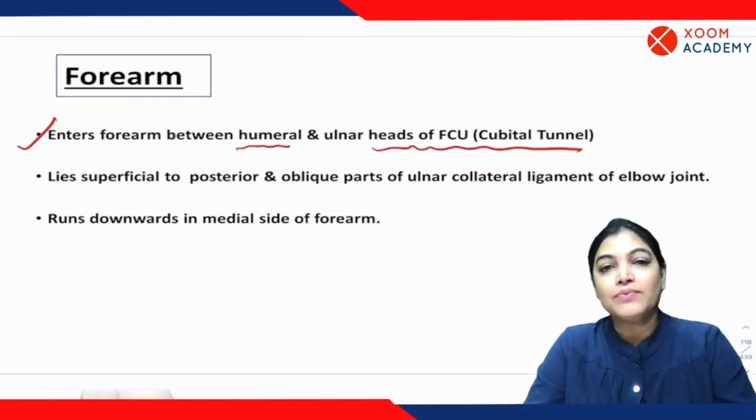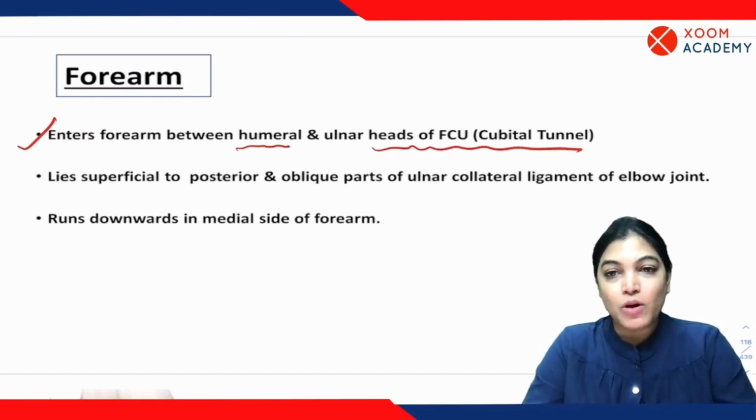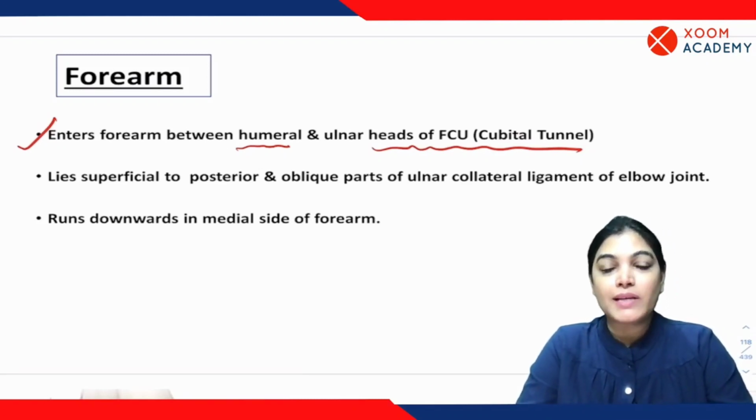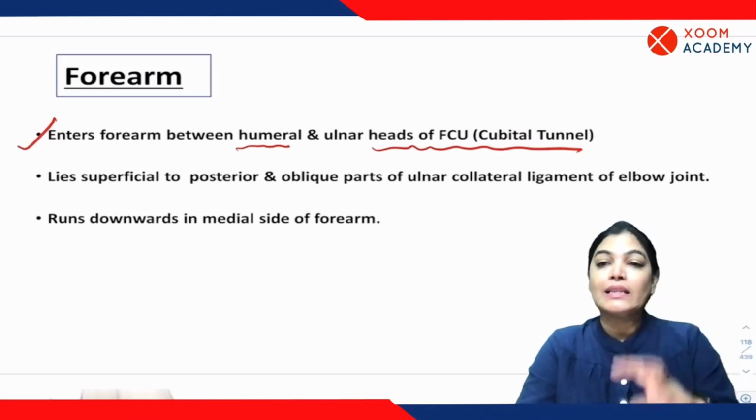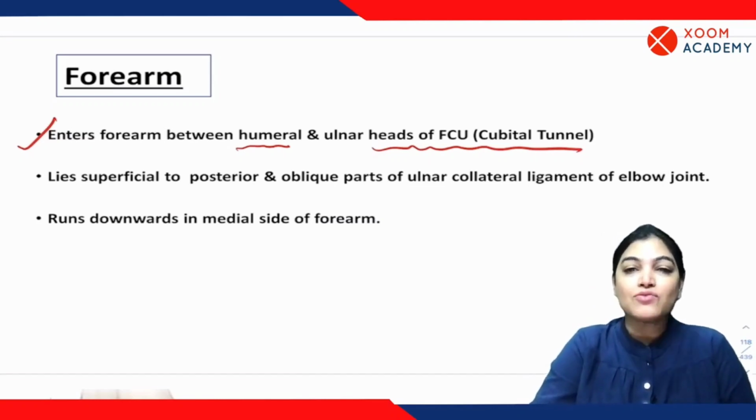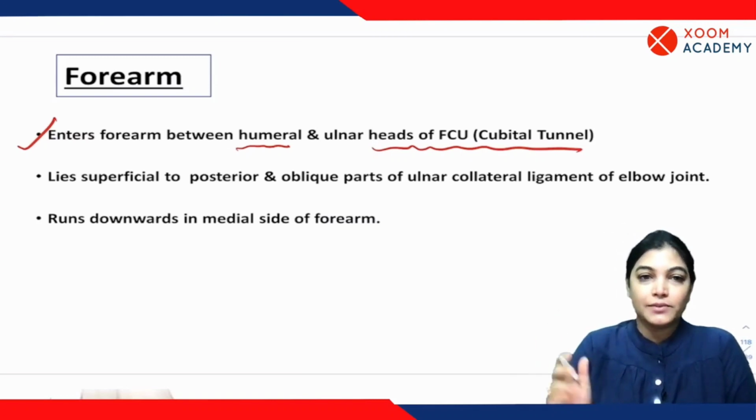Okay. We know that flexor carpi ulnaris is an important muscle of the flexor group of the forearm. It has two heads of origin. One is the common flexor origin, that is from the medial epicondyle of the humerus bone, and the other is from the ulnar bone. In between those two origins, it is traversing, and that level where it is traversing is given the name cubital tunnel.